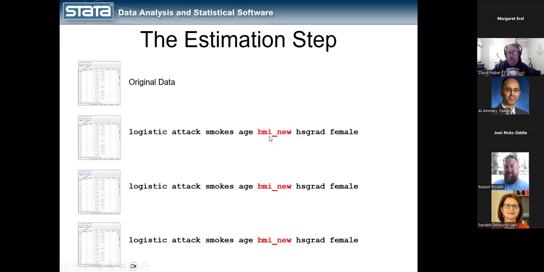I'm interested in smoking, and I'm using my BMI new variable, which is complete, all the observations are being used because I've imputed the missing values. And I can fit that same model for little m equals 2 and little m equals 3. So I'm going to fit that model for each of the imputed data sets separately.